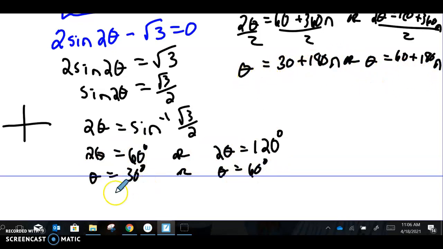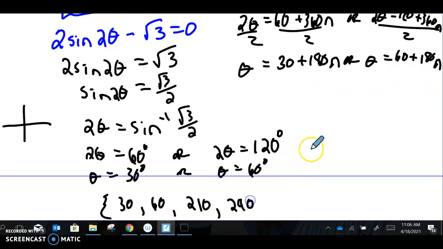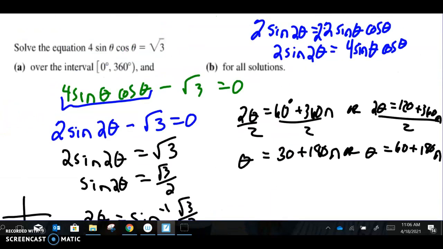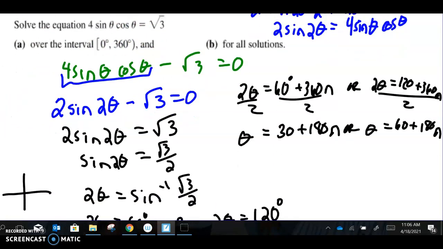Like 30 plus, what's 30 plus 180? 210. What's 60 plus 180? 240. Keep going. If I add another 180 to 210, that gives me 390, so I'm above 360. I wanted all the answers from 0 to 360.